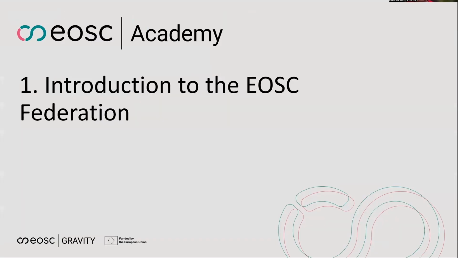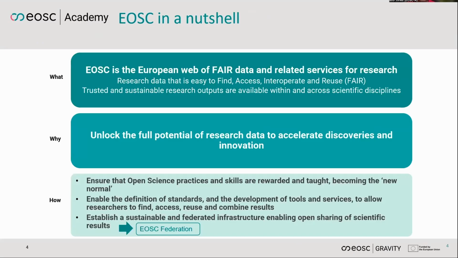So first of all, for the Federation itself, what is the European Open Science Cloud in general? Well, in a nutshell, it's trying to establish the European web of FAIR data and related services for research. The idea is that with this, we have data that becomes easy to find, access, interoperate, and reuse, the FAIR part.